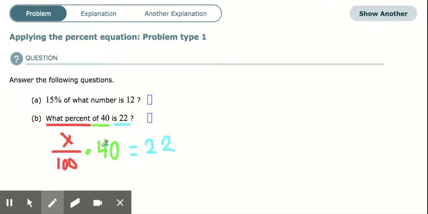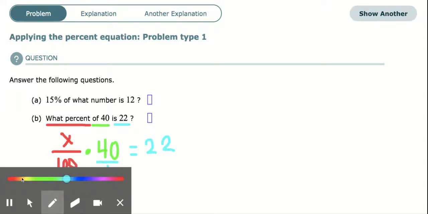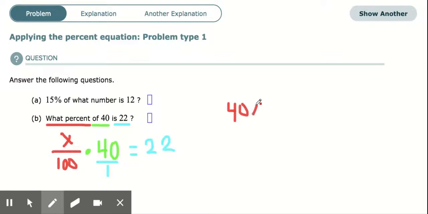All right, so let's go ahead and simplify this and then let's solve it. So just like we did last time, this would be 40x divided by 100. Sorry, that's a 1, equals 22.